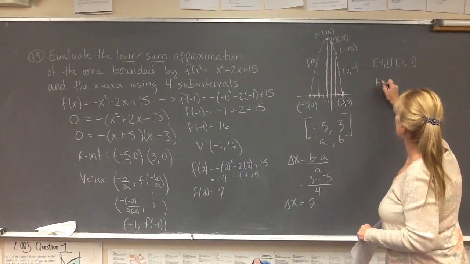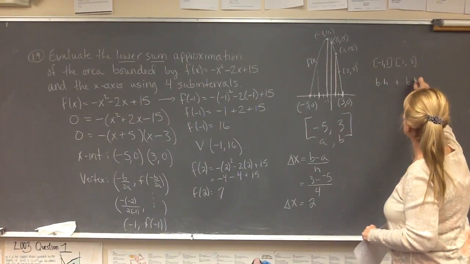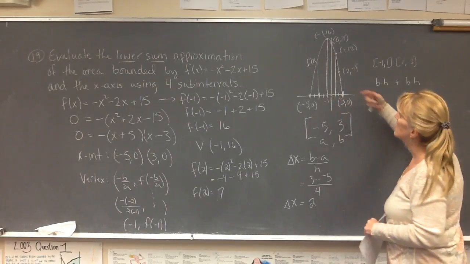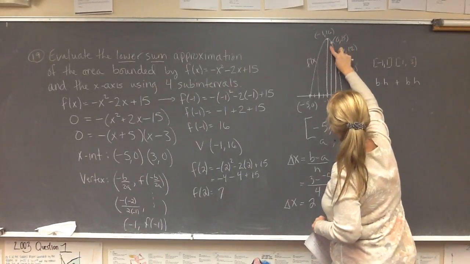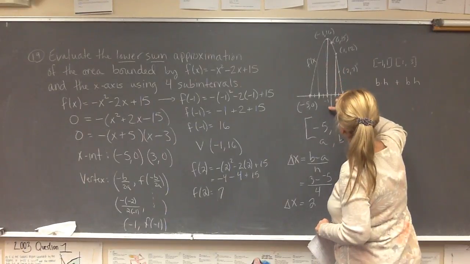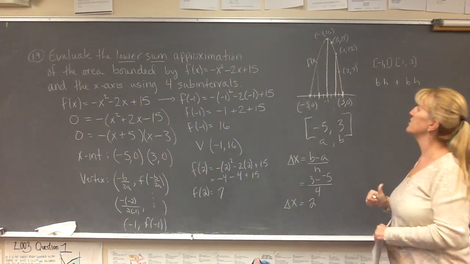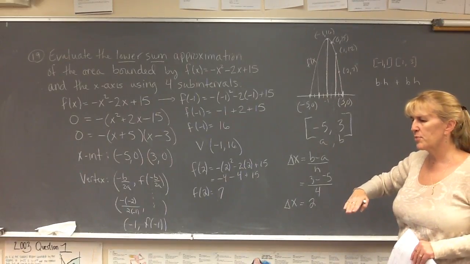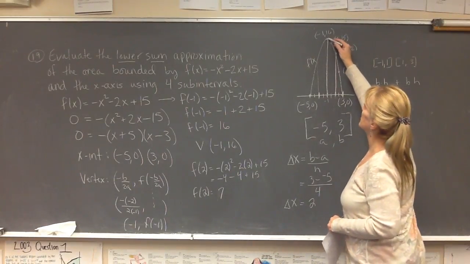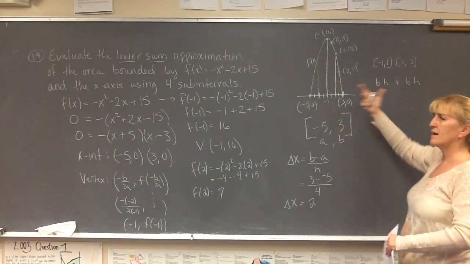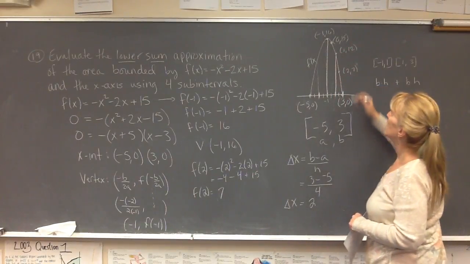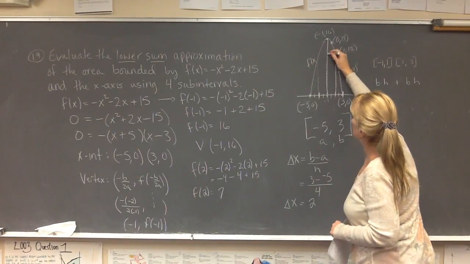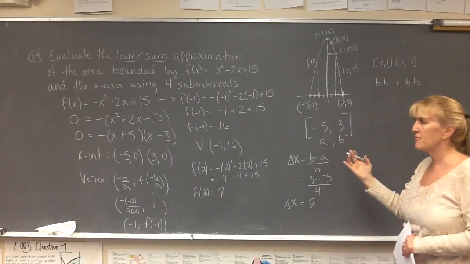I need to do base times height and base times height twice: one for the first rectangle, one for the second rectangle. And if you didn't have your y-axis here, it might be a little easier for you to visualize those 4 rectangles. So if I want a lower sum approximation and my function is decreasing as I move to the right, you get lower and lower, then I want to use the right bound value to create a rectangle that is actually beneath my graph.